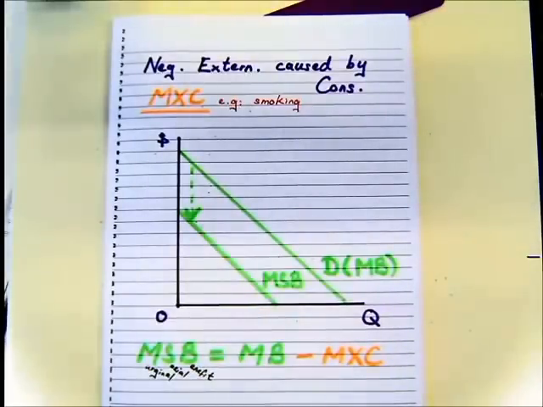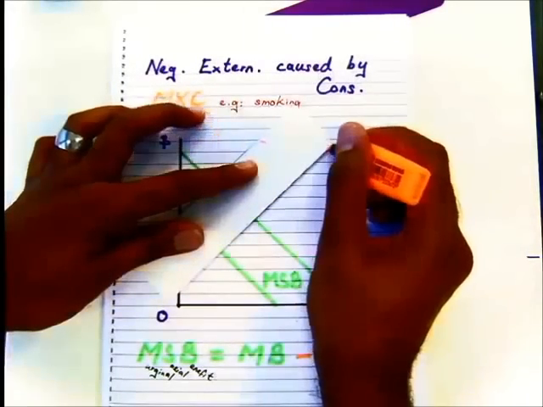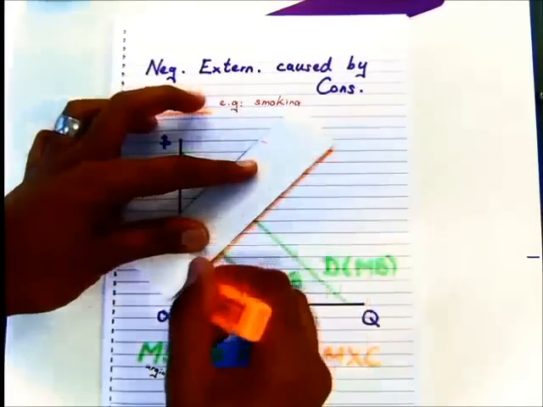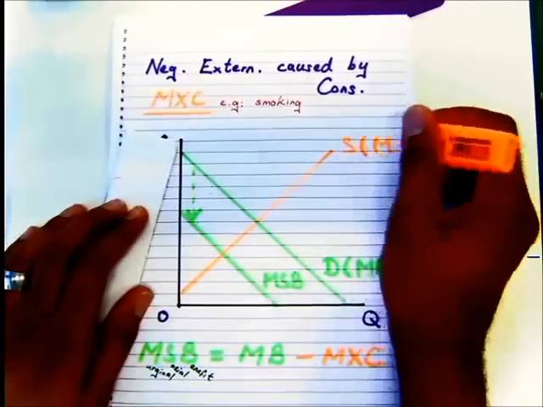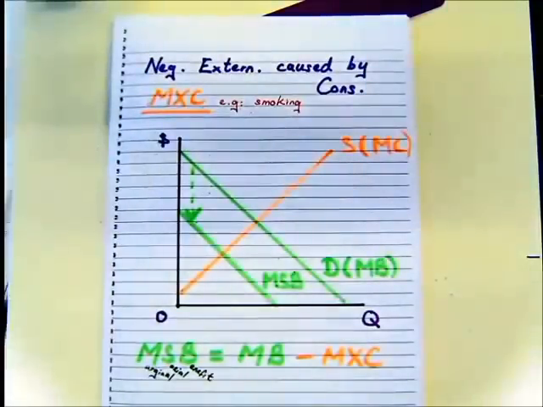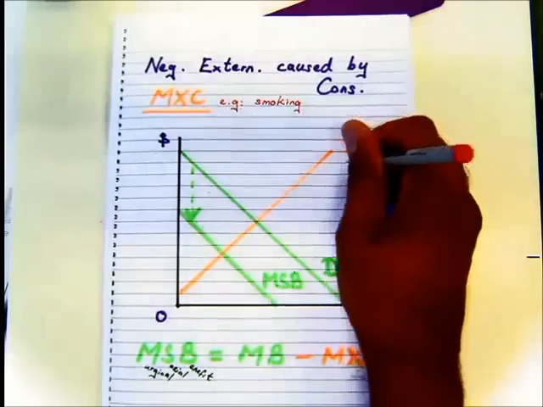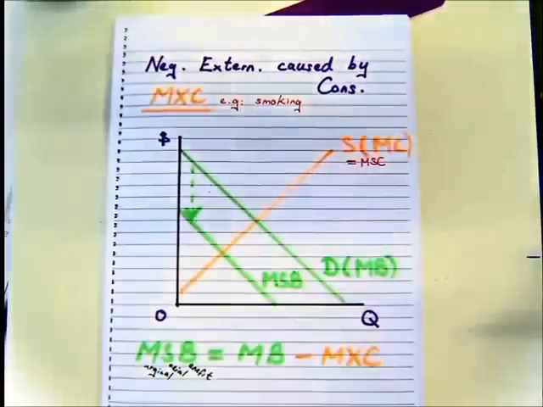So, let's see the problem. I'm assuming there's no external cost in this story because I'm just doing one at a time. So for this example, marginal cost is in fact marginal social cost as well.